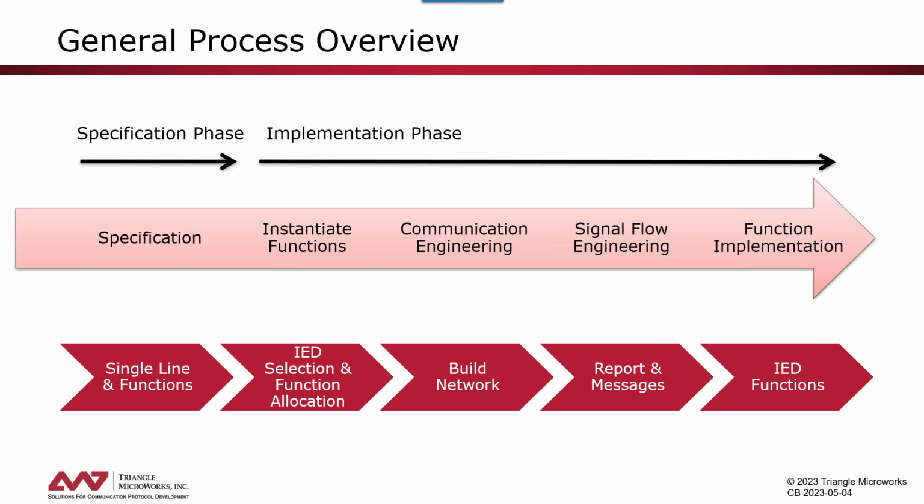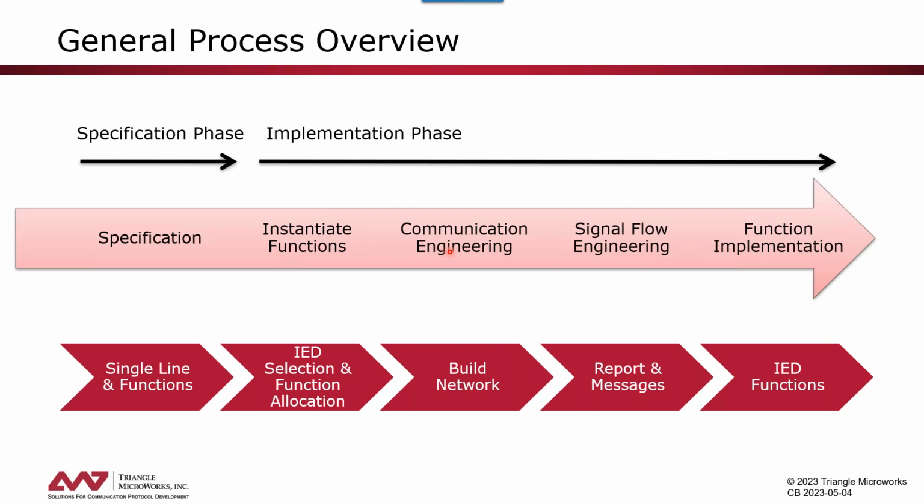The process starts with the specification, which supports the machine processable description of the substation topology, basically the one-line diagram, and the specification of the data model to support the required functionality. As part of the design, when we start with the implementation, IEDs need to be selected, and functions need to be allocated to them.